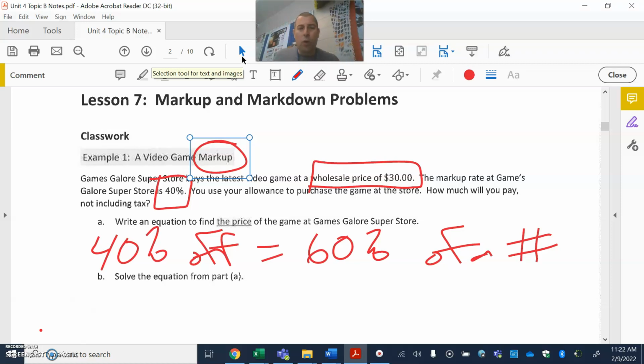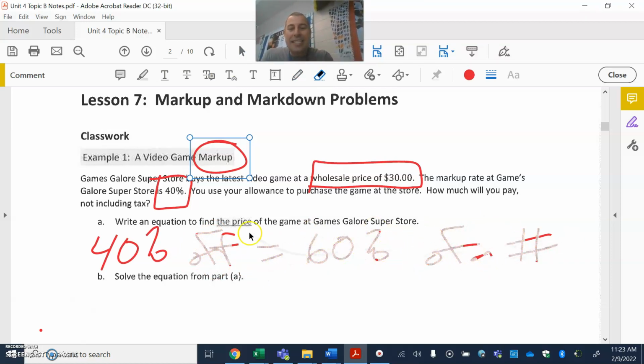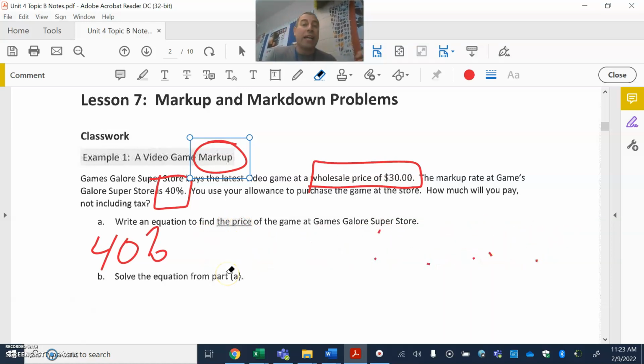Now, what we want to realize, and this is where we've got a little bit of a mistake, so I'm going to erase theirs. We're going to get to this in a second. When we've got a markup of 40%, what we could do is find 40% of that number and then add it on.